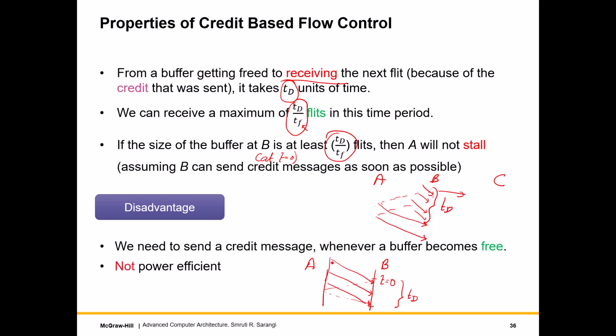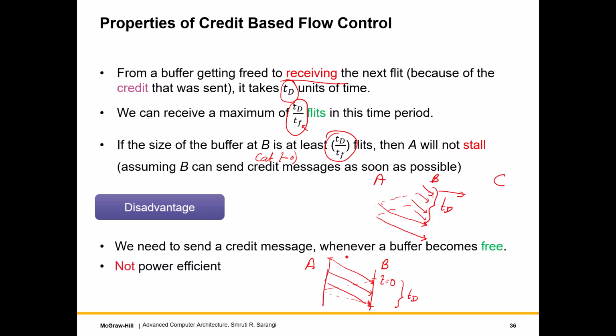Because one credit is essentially one flit, it allows you to send one flit. So if you don't want A to stall in this time period, then A, at the point when it can send the first flit after t equal to 0 at B, needs to have enough credits, because any credit that is sent after t equal to 0 would come either at TD or after TD.